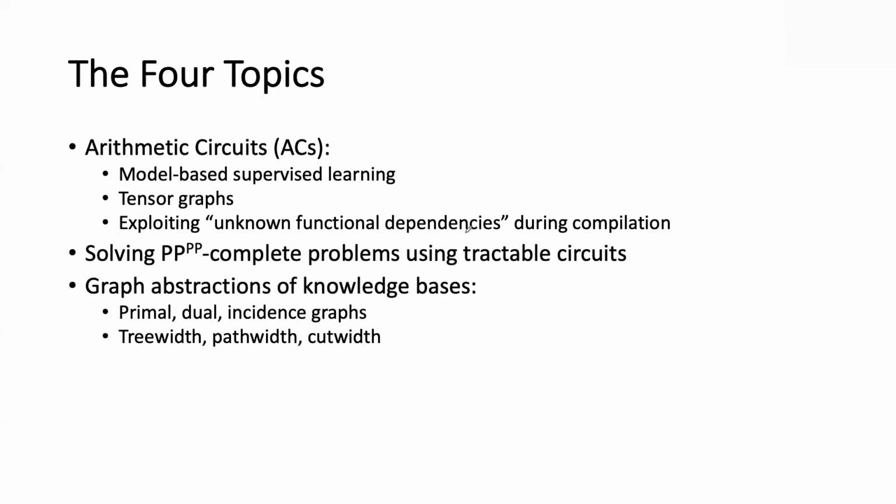And then the other topic I'm going to talk about is this notion of graph abstractions of knowledge bases. We did mention throughout the course that you can sometimes give various guarantees on things. For example, when you're compiling CNFs to various types of tractable circuits, and as you'll see, a lot of these guarantees are based on taking your input and abstracting it into some kind of a graph.